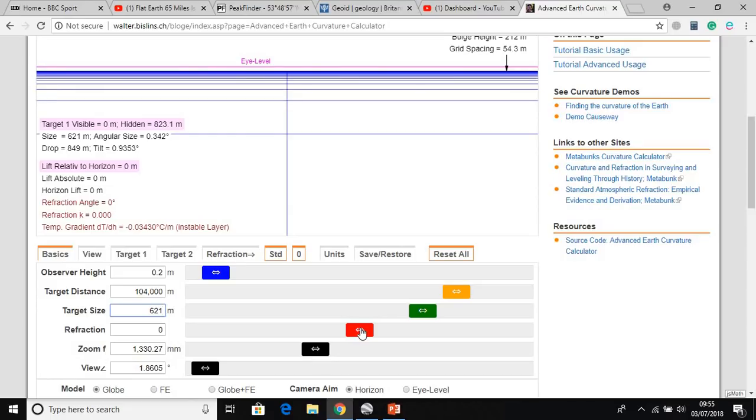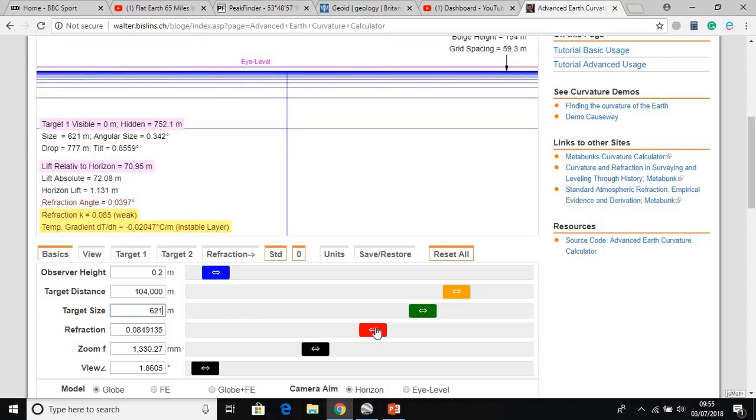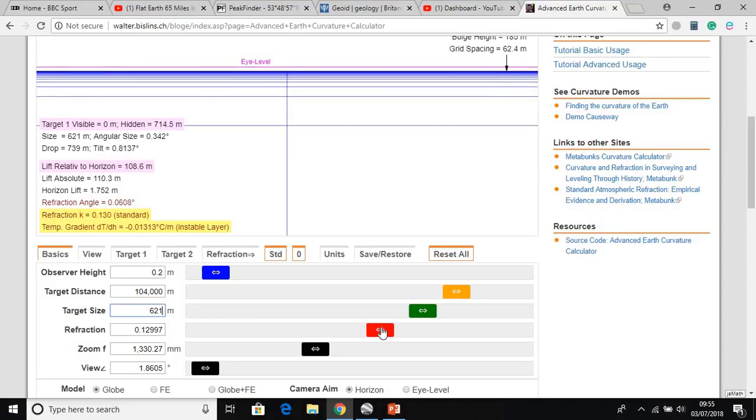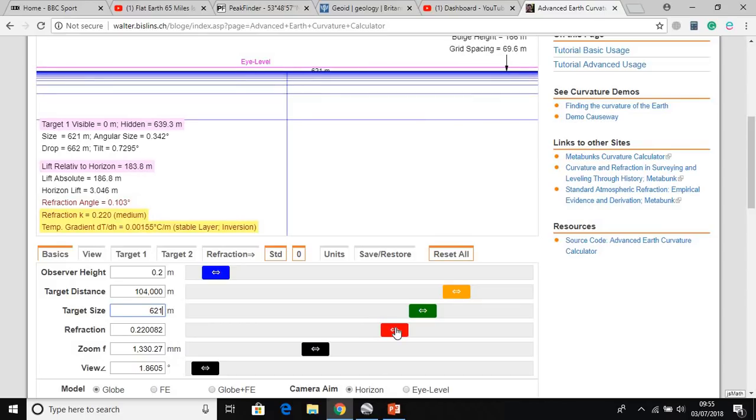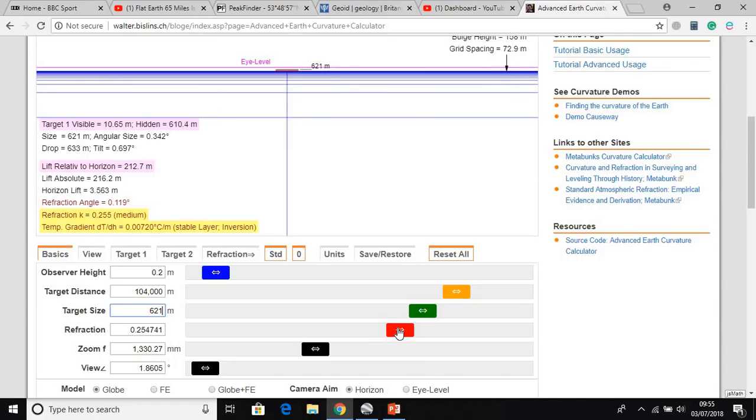What happens when we add some refraction? By moving the refraction slider, and we add some refraction, now I'm starting to see the numbers appear. That doesn't mean the object has appeared yet. And as we get up to about 0.25 on the refraction, we start to see the object appearing.